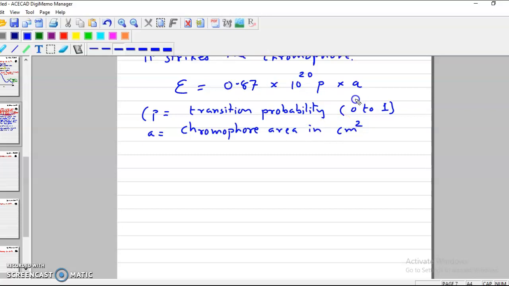So from this equation, it is possible to find out the epsilon value.